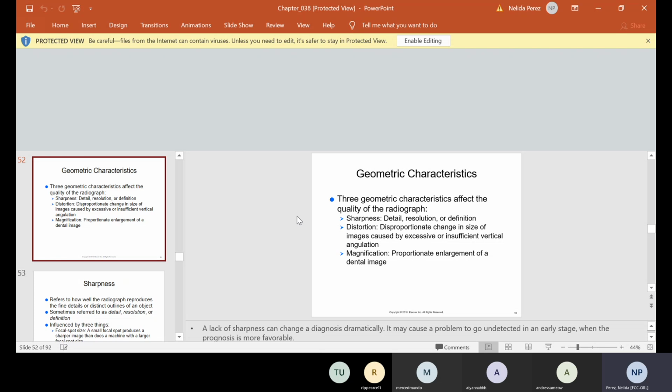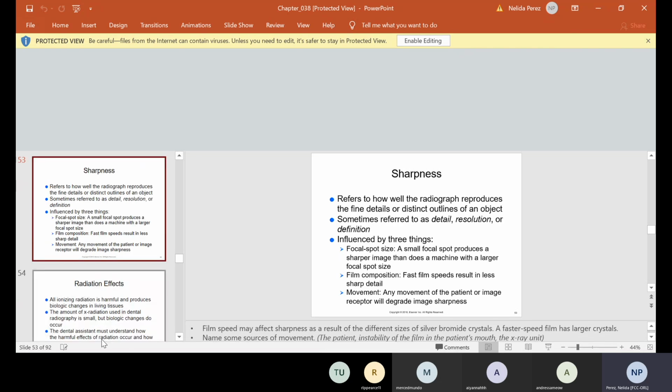Now, we're going to get more into that, but yesterday I started you guys with bitewings just for you to get a feel of it. We are going to be talking about how you hold the PID a little bit better and making sure that you have these three geometric characteristics. So we'll be going into this a little bit more when you come into lab.